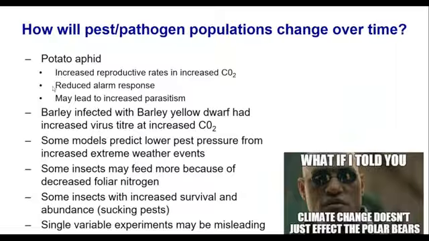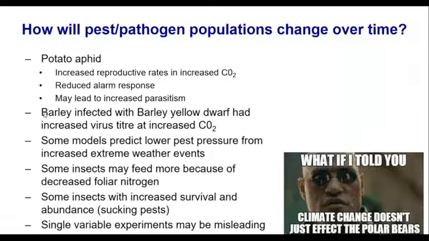But they also measured a reduced alarm response, meaning the aphids dropping off the plant. So if there's a parasitoid coming along, they don't release their alarm pheromones as much, they don't drop off the plant as much, so perhaps there will be increased parasitism. The point there is that these things are complicated, so it's hard to have a real knowledge of what could potentially happen.